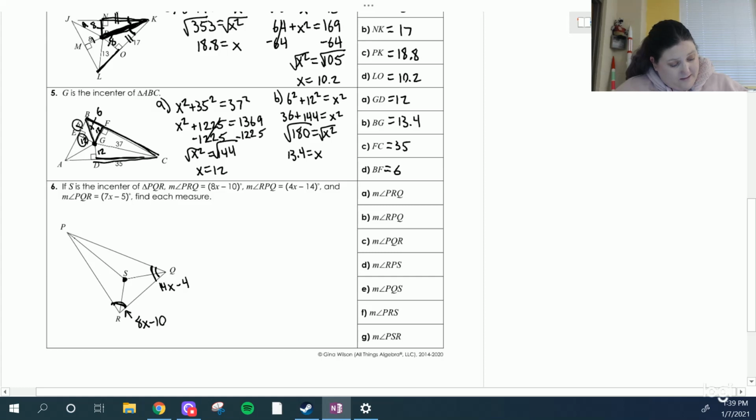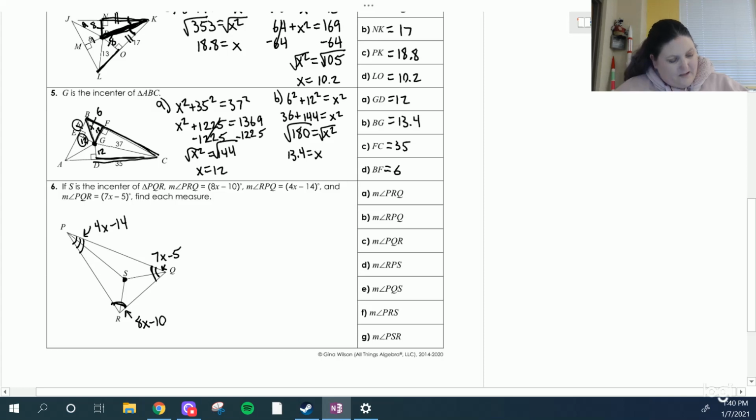And that angle PQR is equal to 7x minus 5. Did I do that right? RPQ. I did that wrong. My mistake. So this was supposed to be for angle RPQ. So RPQ is this angle here. And that one is 4x minus 14. And then this last angle here is 7x minus 5.